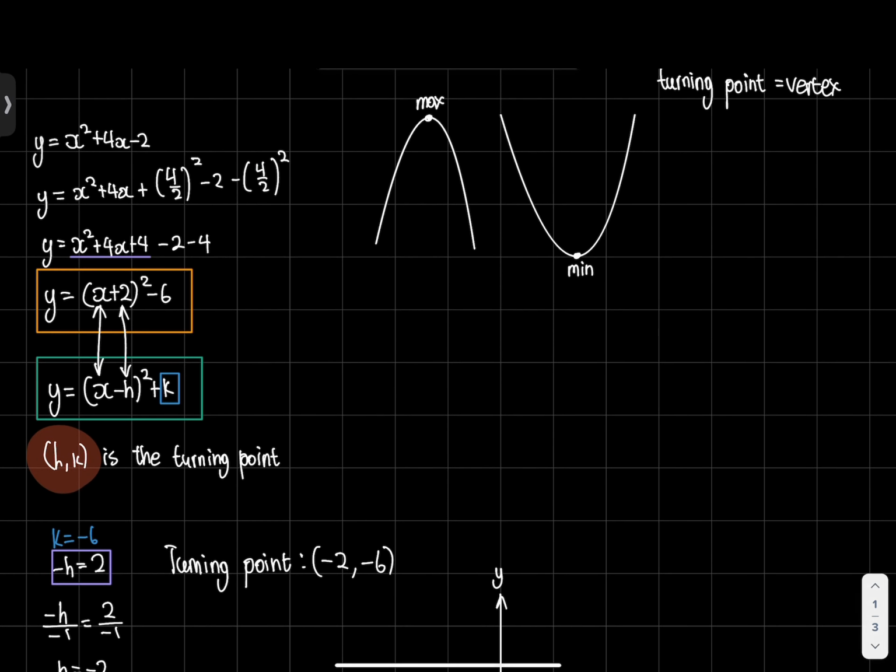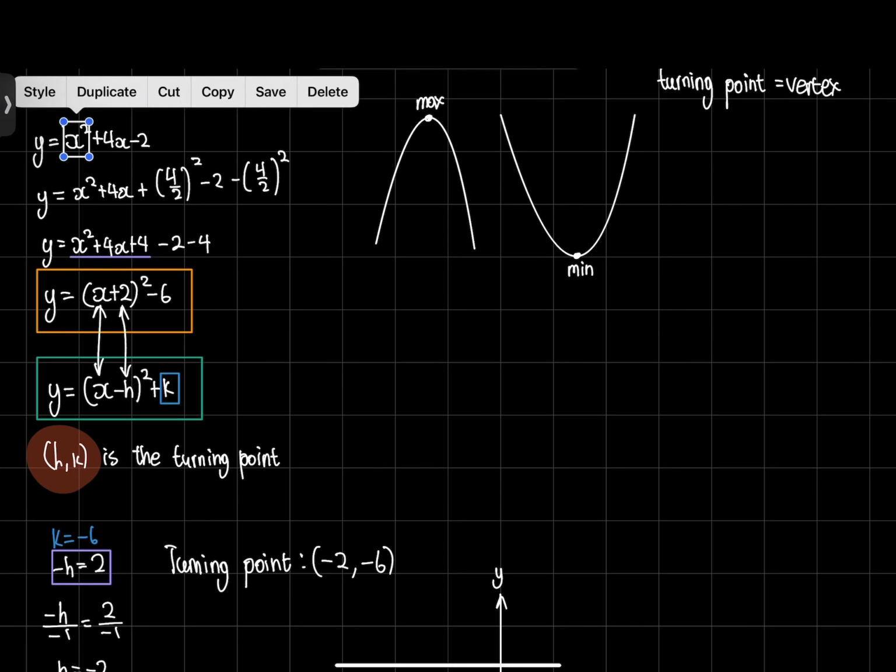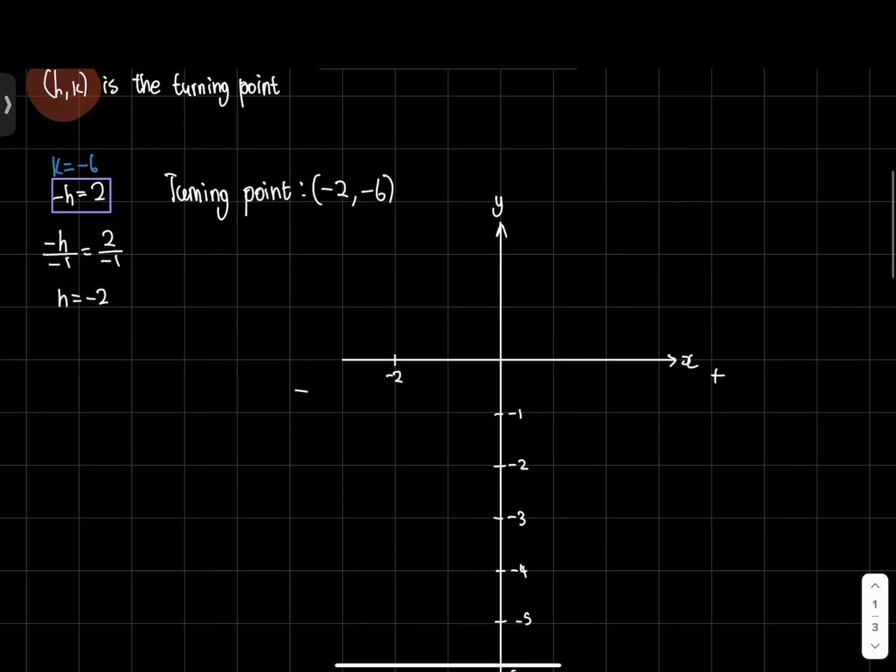Based on the coefficient of the x squared term. If the coefficient of the x squared is negative, the graph is going to be a sad graph. If the coefficient is positive, the graph is going to be a happy graph. It's smiling, right? Because it's positive.